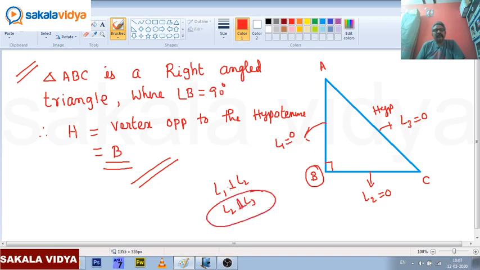For example, if L1 is perpendicular to L2, the point of intersection of L1 = 0 and L2 = 0 becomes the orthocenter. So that we need to remember.